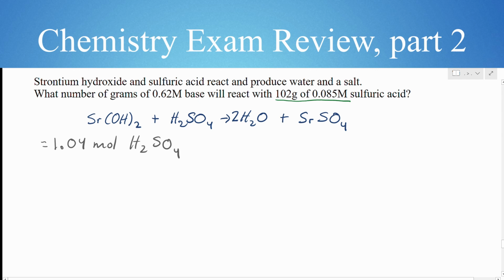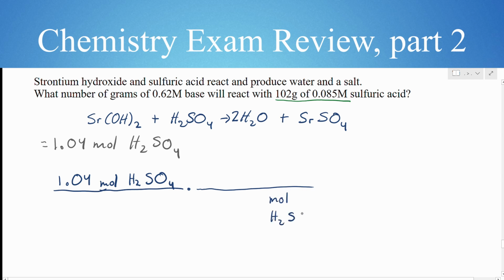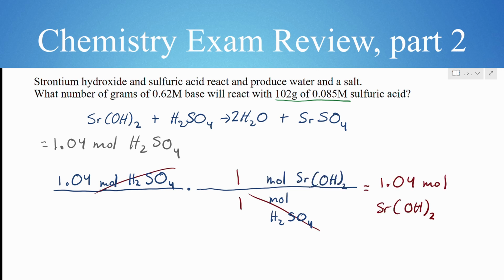If we have 1.04 moles of acid, we use the mole ratio to figure out how many moles of base would have reacted. So in this, we're going to be canceling out the moles of acid and converting this to moles of the base. This is the number of moles of strontium hydroxide that had to have reacted. And now we can convert this number of moles into grams of strontium hydroxide.